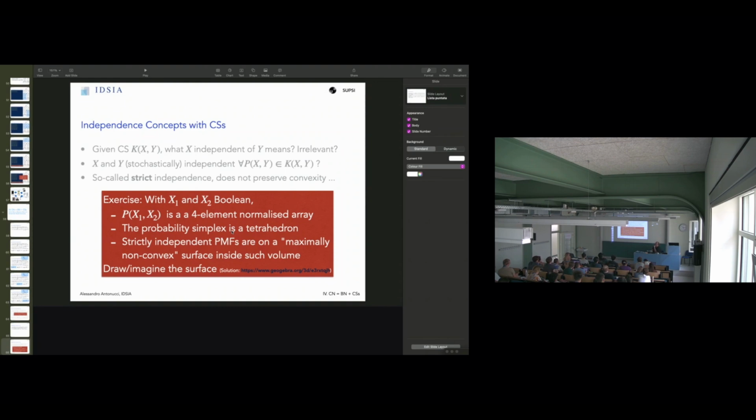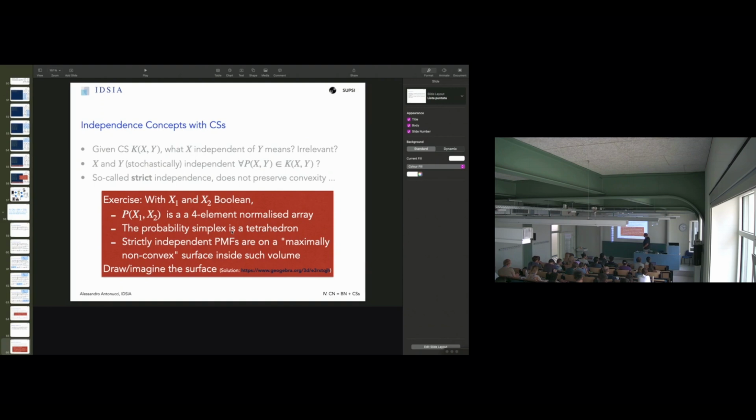Let's say x1, x2 are Boolean. If x1 and x2 are Boolean, the joint variable x1, x2 has 4 possible states. A probability mass function of these 4 states is made of 4 numbers. But the last number, for instance, is 1 minus the sum of the first 3 because of normalization. So basically we have 3 parameters.